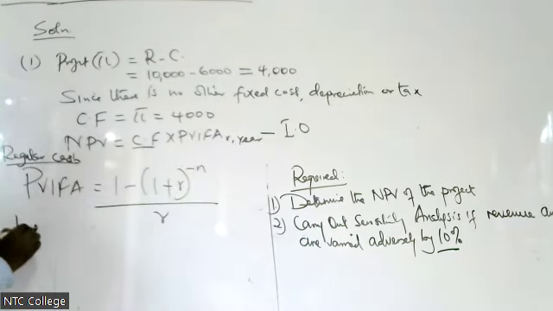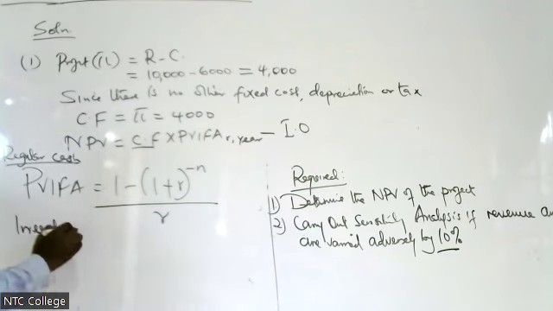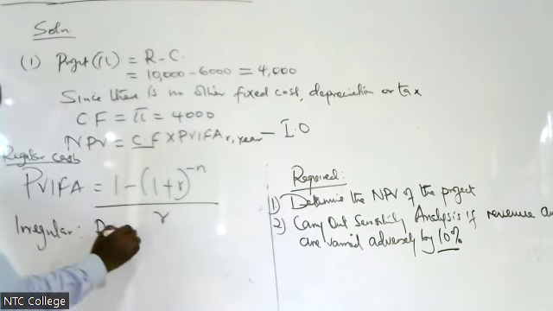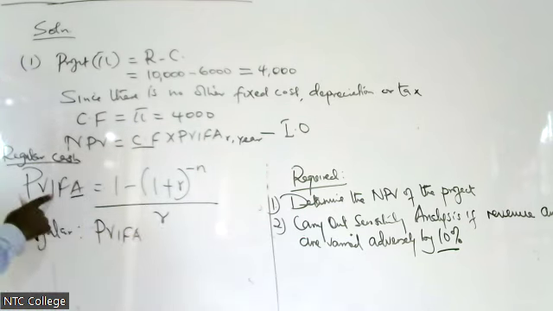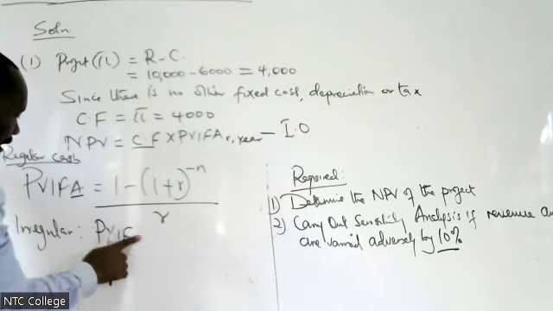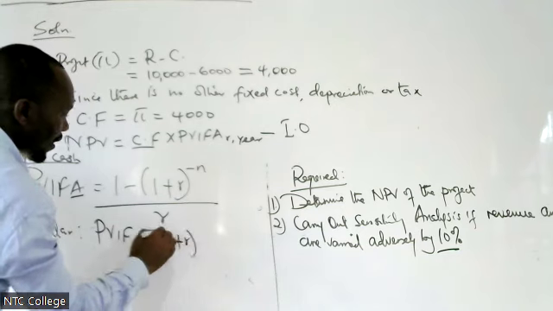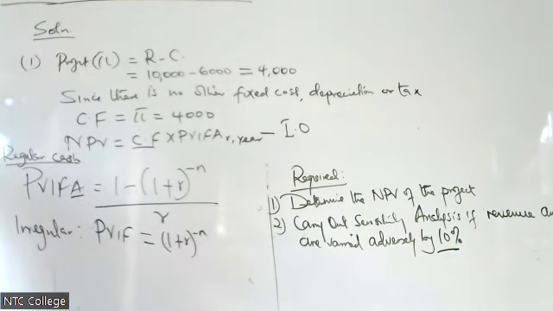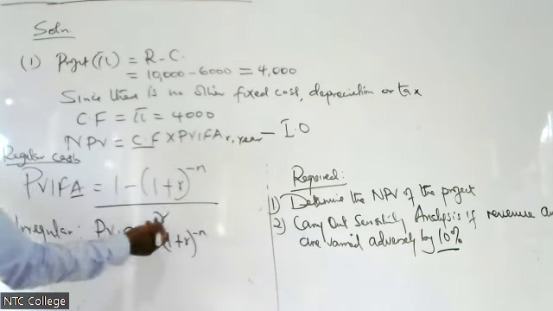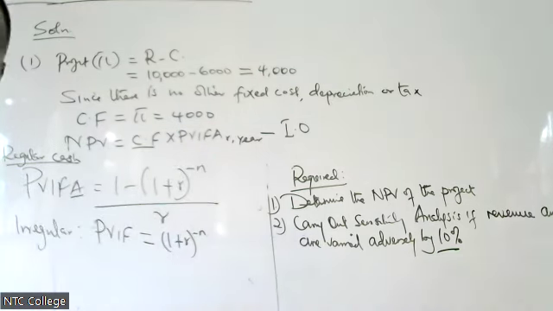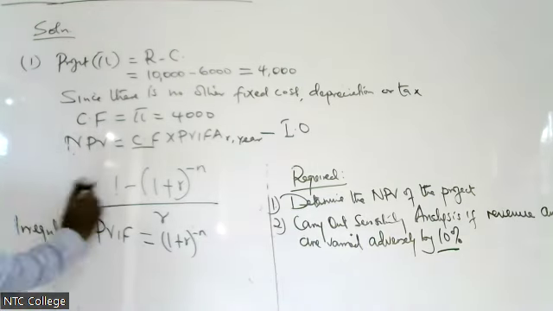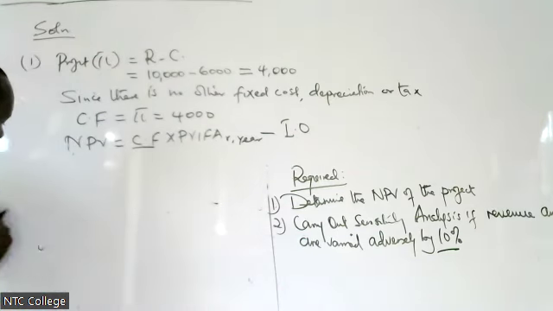If it is irregular, you use PV, not PV per. This A means annuity. So it is present value interest factor annuity. It is not annuity now, it is not every year. And the formula is basically 1 plus R to the negative N. So N is the number of years, R is the rate. Now, when you use that formula, you're going to get what my good students are getting here. And that is what we are looking for.